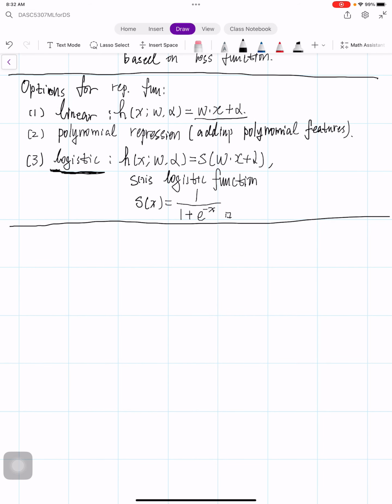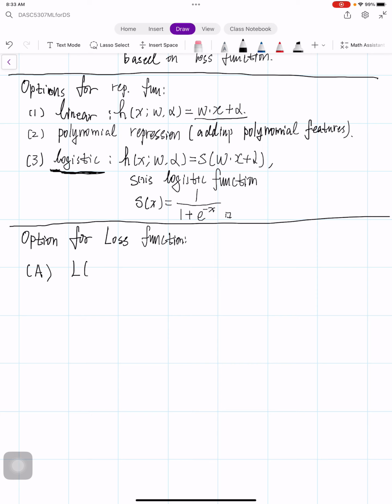Second, you choose the option for the loss function. There are also a few choices. For example, we have choice A. The most popular one is the squared loss.